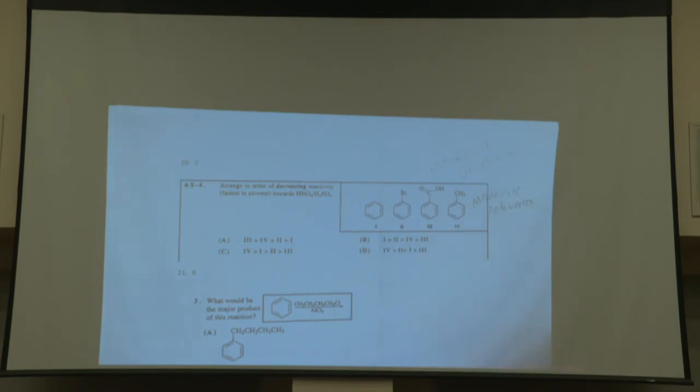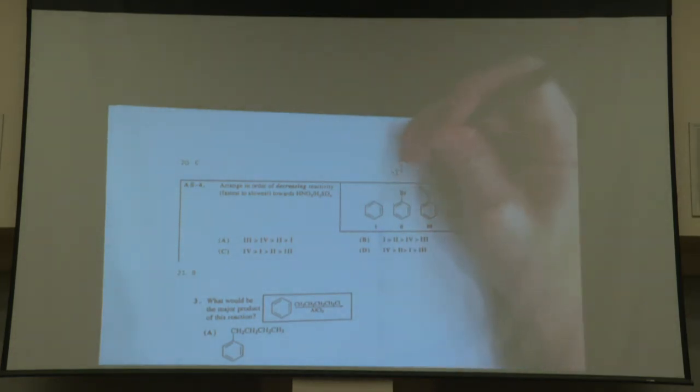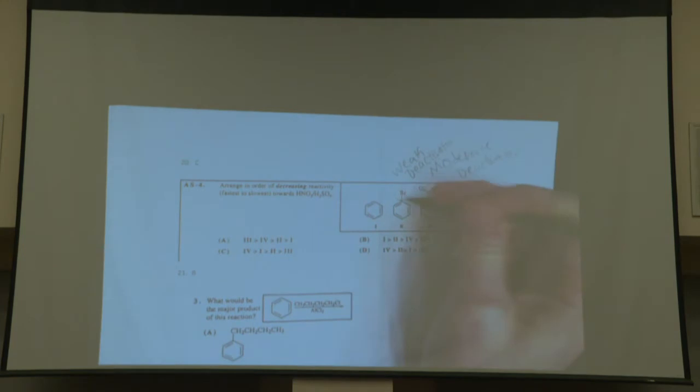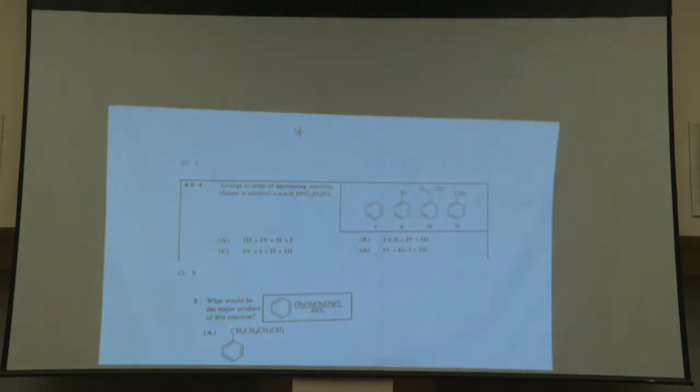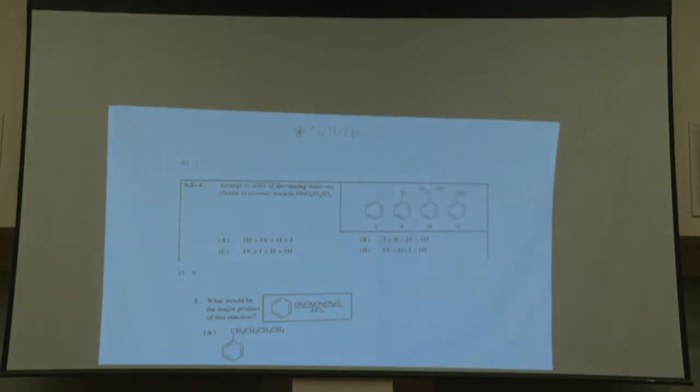And then this Br, it's a weak deactivator. So note that the Br, while it is a deactivator, still gives you ortho/para. Do you guys remember that as being an exception?